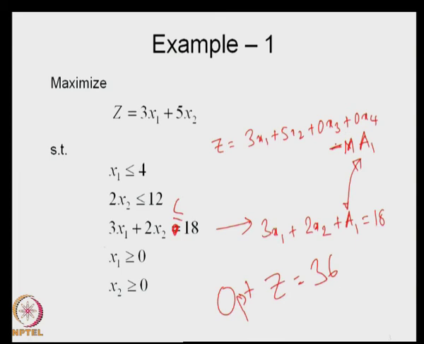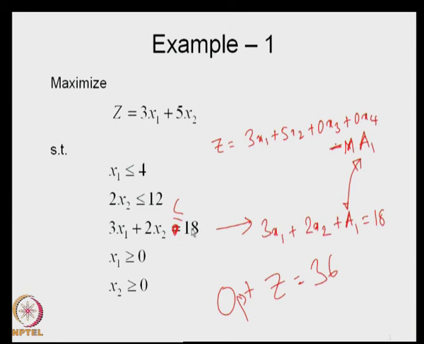We know that this is the binding constraint. In resource allocation problems, particularly these binding constraints are important, because they represent mostly some constraints on the available resources. Let us say that we want to ask the question, this was binding, which means that this 18 has become restrictive now.